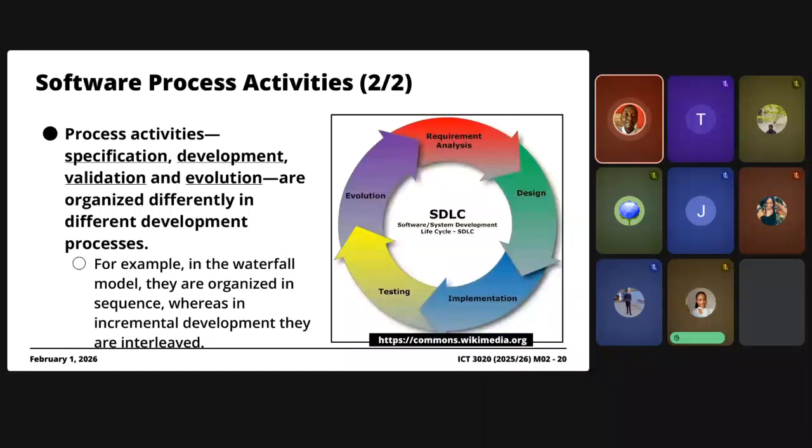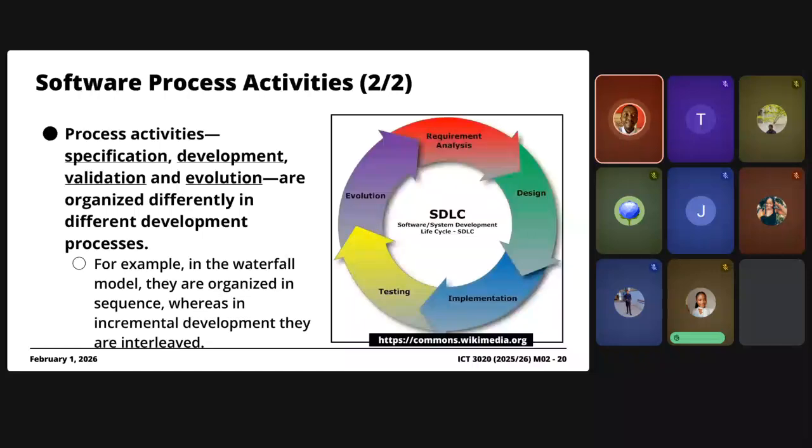A classic example is the waterfall model. As you will soon discover, these process activities are organized in sequence, like a waterfall. You're stepping through the steps of the waterfall. The idea is that you cannot work on subsequent activities before you finalize previous activities.